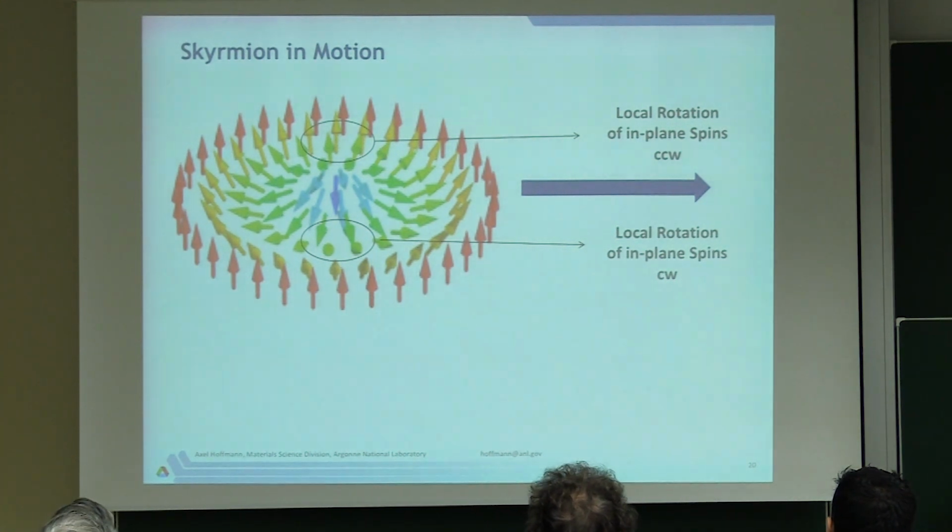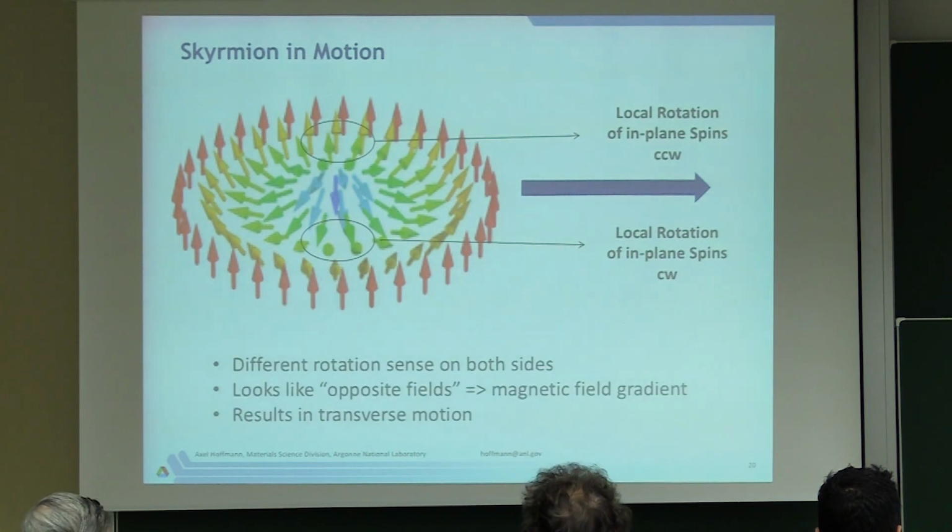Anyway, so essentially what this means is you get a magnetic field gradient across the skyrmion, and in a hand-waving way, this magnetic field gradient can then couple to the magnetization in the center, and the gradient coupled to magnetization gives a force that's transverse. And that's, in a nutshell, how this works.